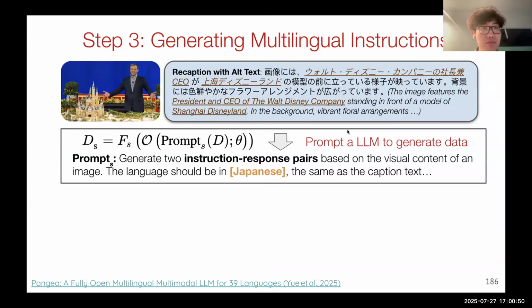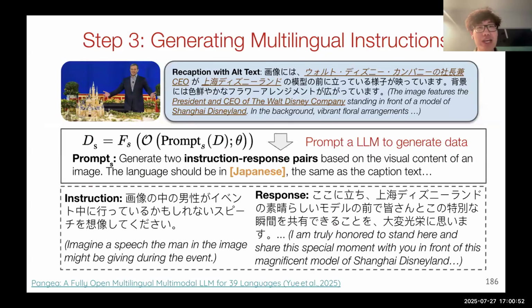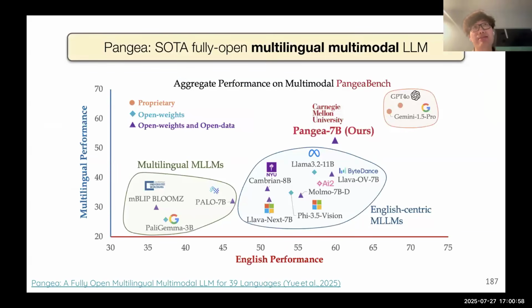After that, we generate the instruction-response pairs for these images, and then fine-tune the model on this multilingual and multimodal instruction data. From the results, we can see that our model's performance is quite impressive when compared with open-weight models on both English and multilingual performance.